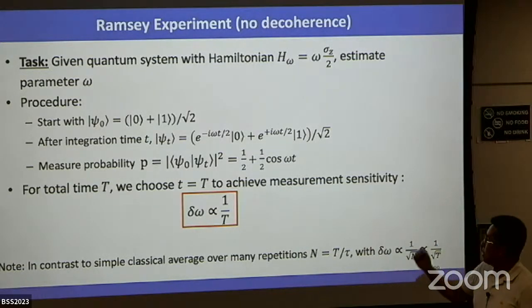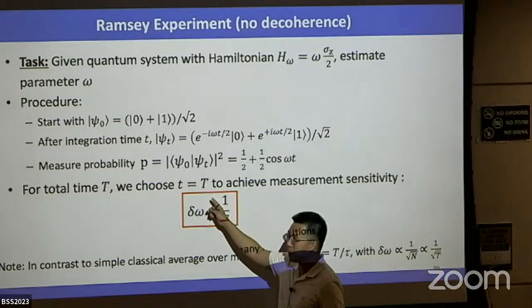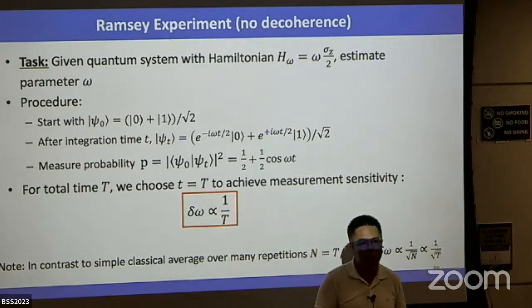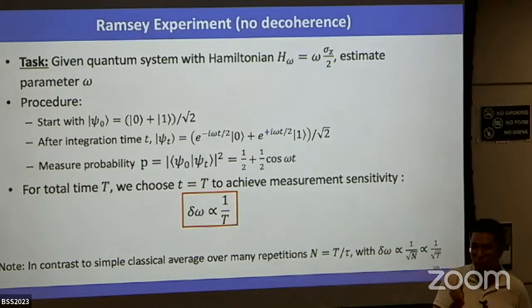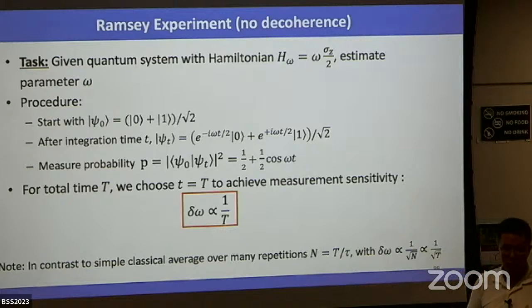Here we assume we have a perfect coherent quantum sensor, so you can let the evolution time t be as long as you want. Then you will be able to sense a small deviation of your signal inversely proportional to the total interrogation time. This inverse scaling with time is called the Heisenberg scaling.